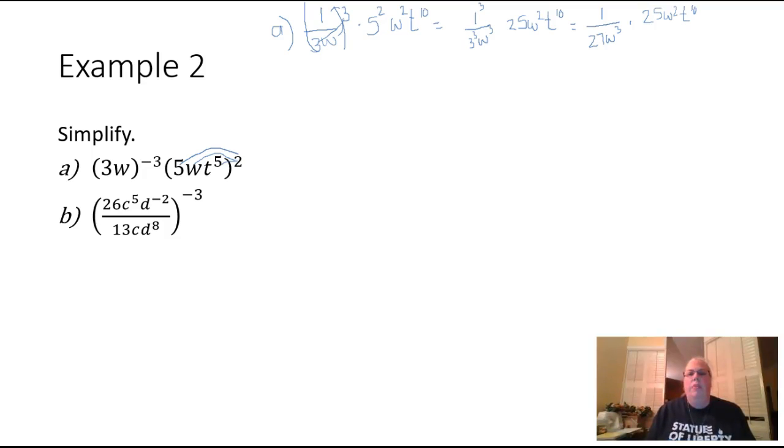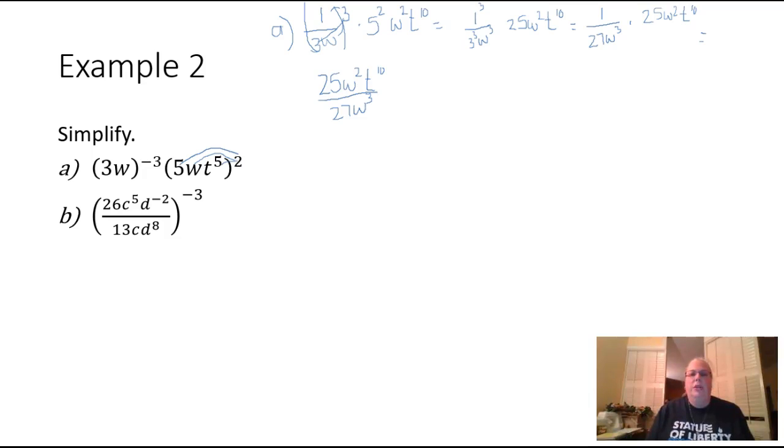All right, now if we write this all as one fraction, we will have 25 w to the 2nd power t to the 10th power divided by 27 w to the 3rd power.